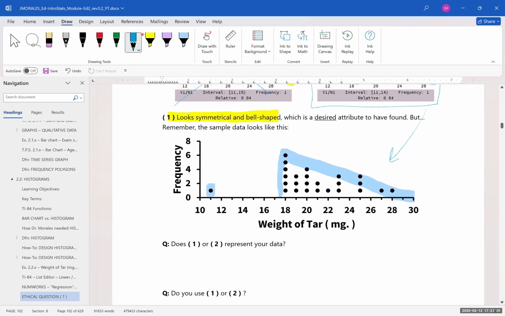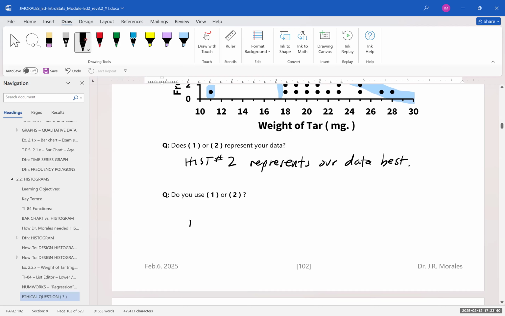So does 1 or 2 represent your data? Histogram number 2 represents our data best. So therefore, histogram number 2 is the histogram we use or publish.